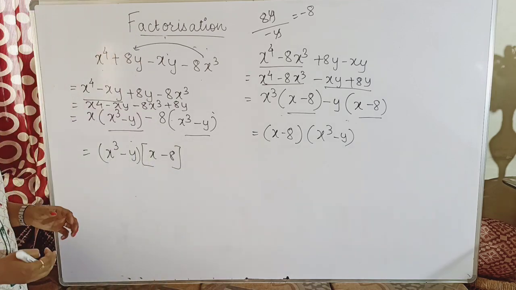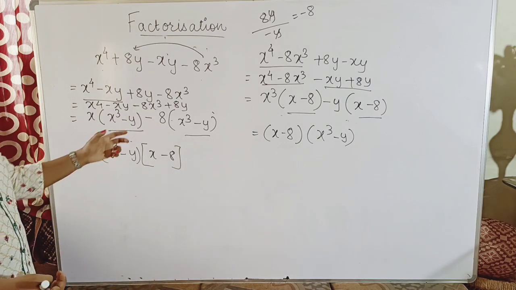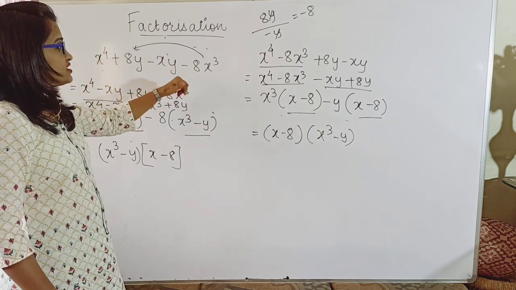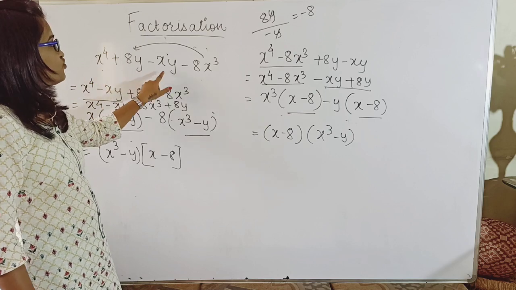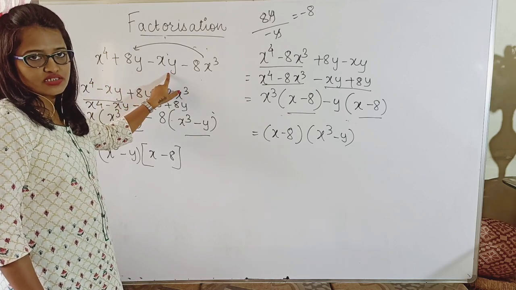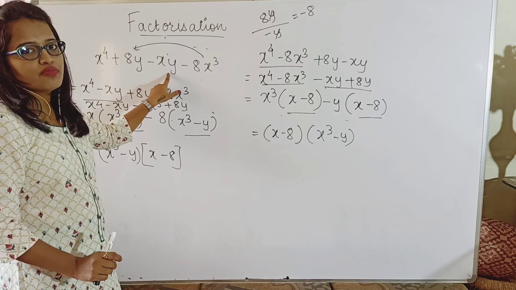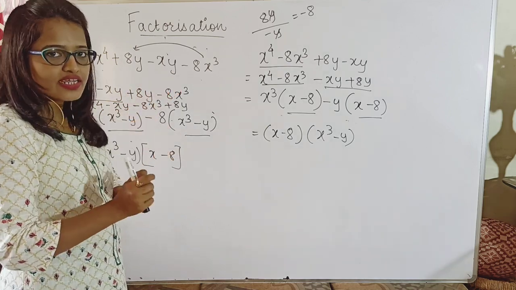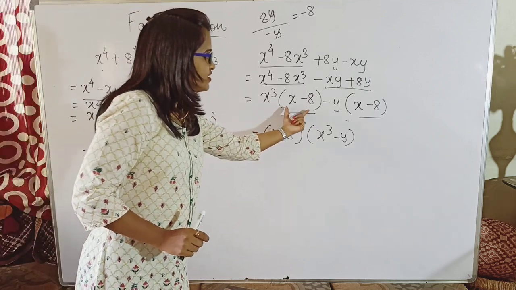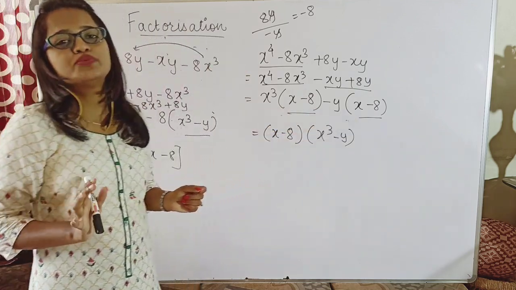Okay, so it might happen that somebody takes these two terms as common, whereas somebody else might take x raised to 4 and minus xy as common. But that will not change your answer. The only thing to remember is that whenever you are rearranging the terms, the bracket which you are getting has to be the same.